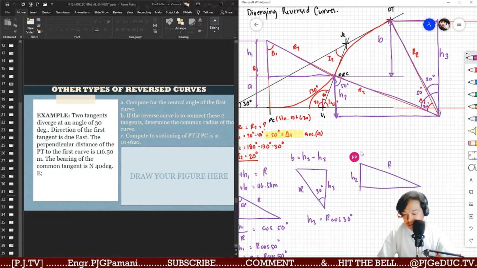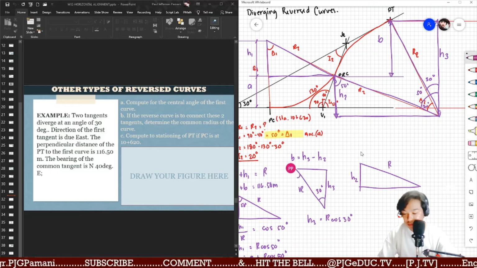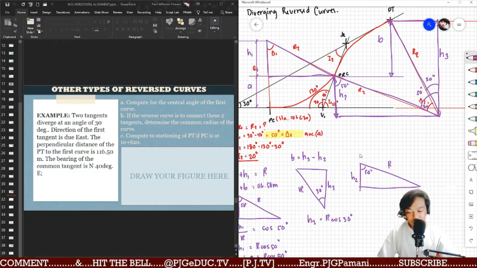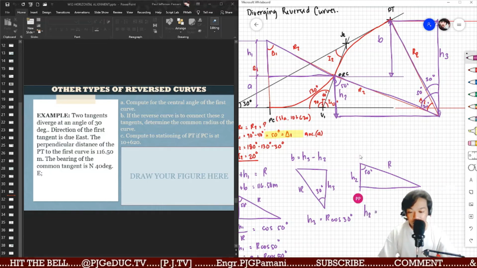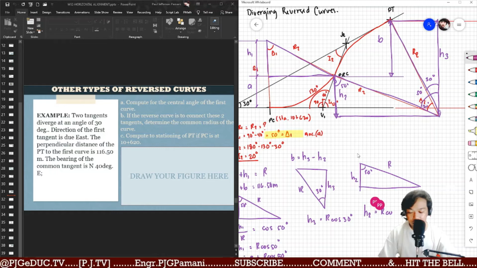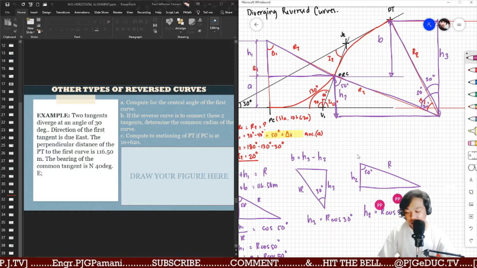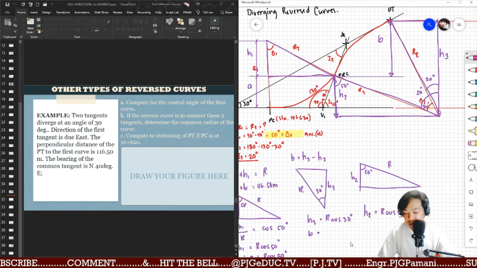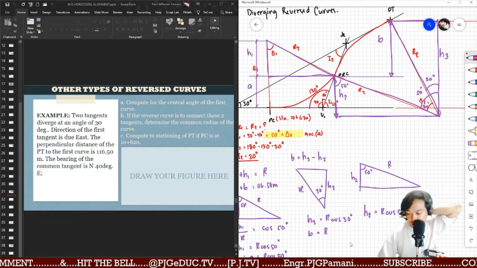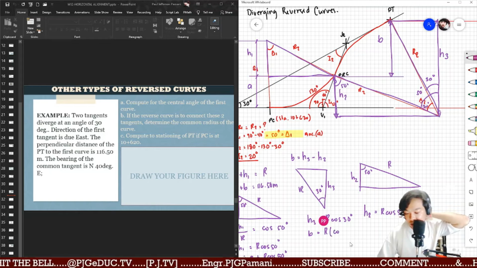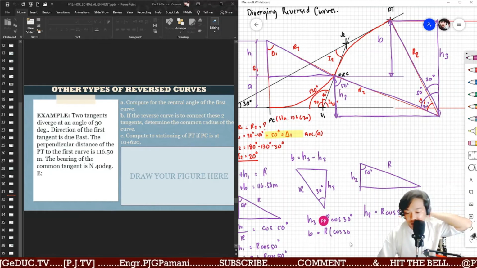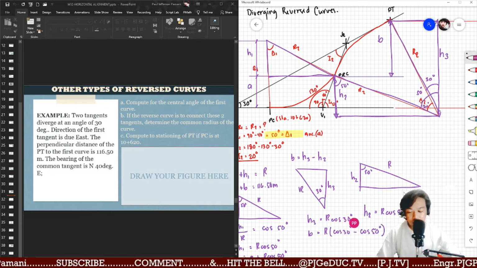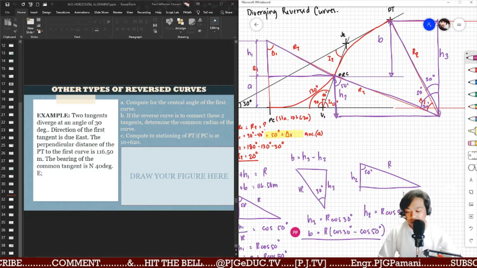H2, R, then 50 degrees. Okay? So H2 is now equal to R cosine 50 degrees. Thus, B is equal to H3 minus H2, or B equal to R times cosine 30 degrees minus cosine 50 degrees. Okay? So, meron na tayong A and B.